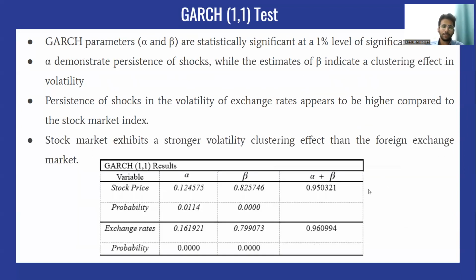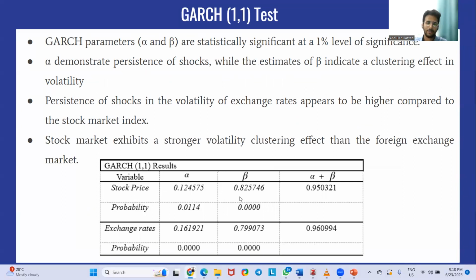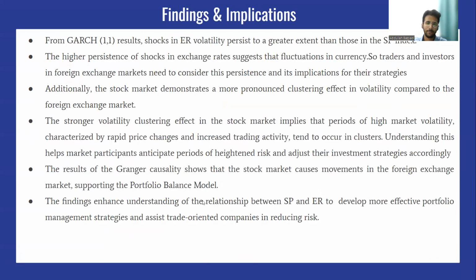While estimating GARCH, the parameters alpha and beta are statistically significant at the 1% level. This is the significance of alpha and beta. This is the coefficient alpha and beta. Alpha determines persistence of shocks, while beta estimates indicate clustering effect in volatility.